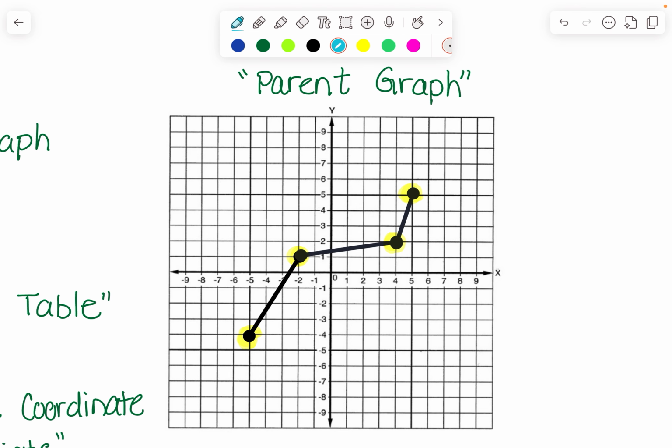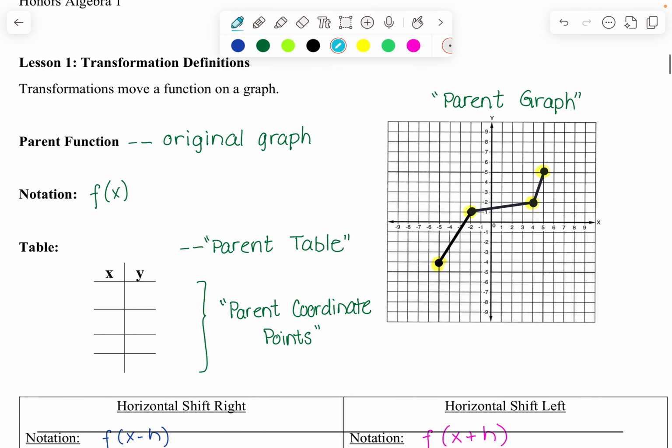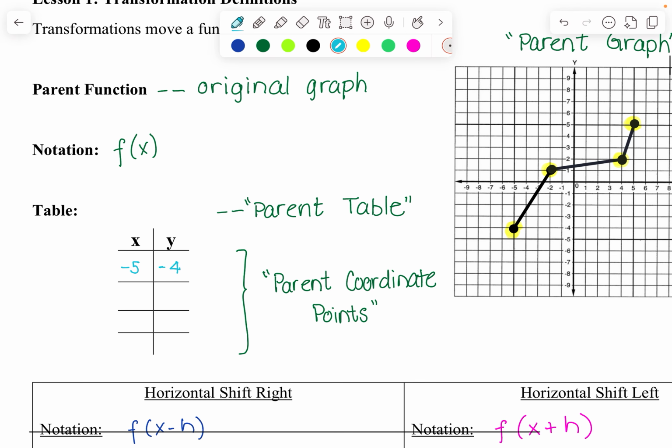Starting in quadrant 3, we have (-5, -4). I'm going to put that in the table to the left. This is our parent table. Then we have (-2, 1). Next we have (4, 2). And finally, our fourth point is (5, 5).